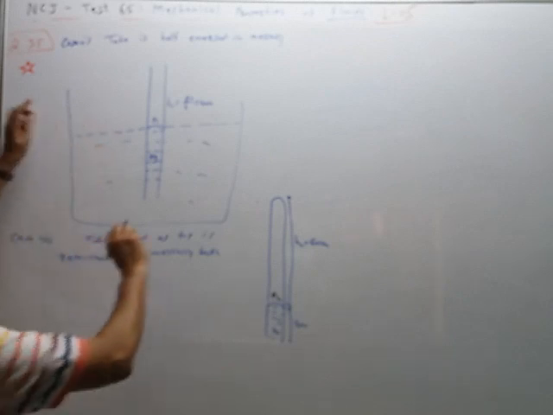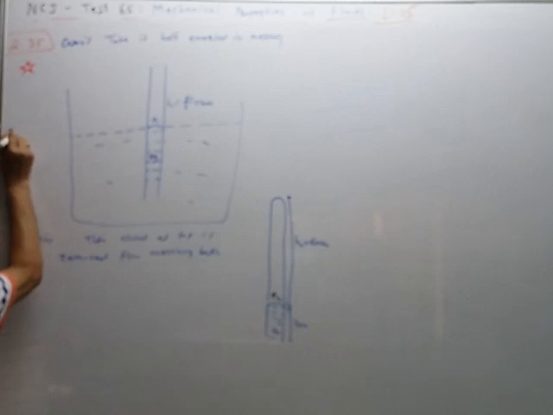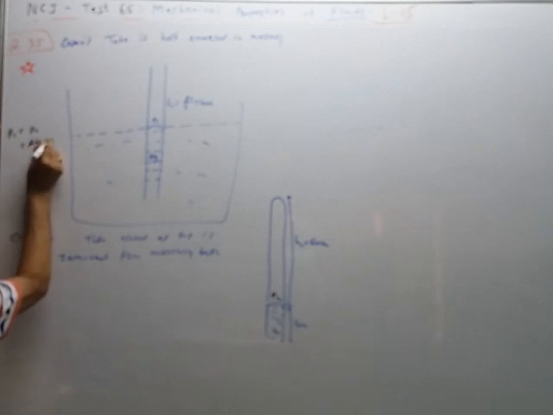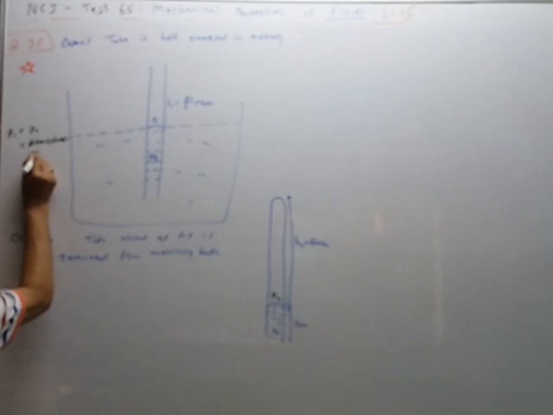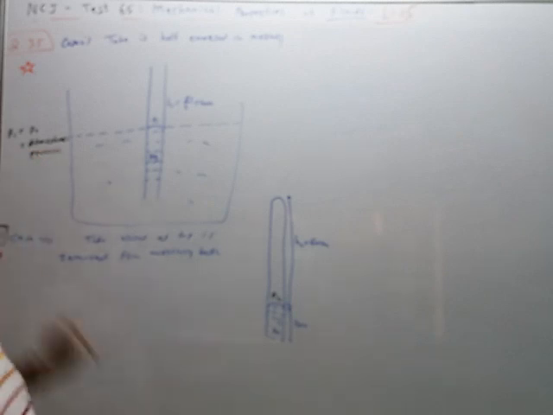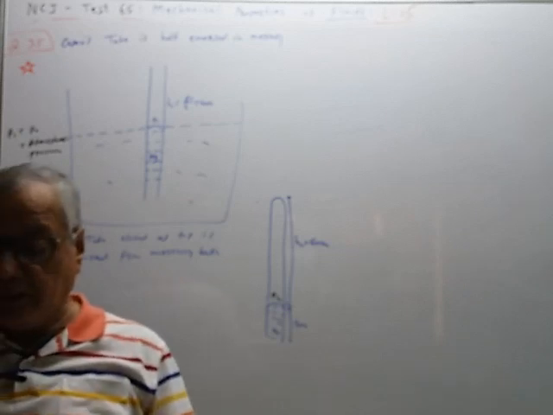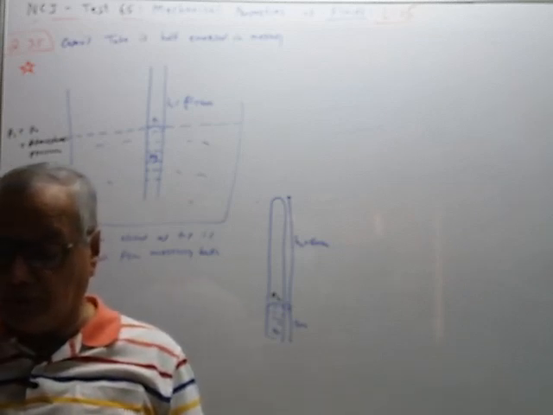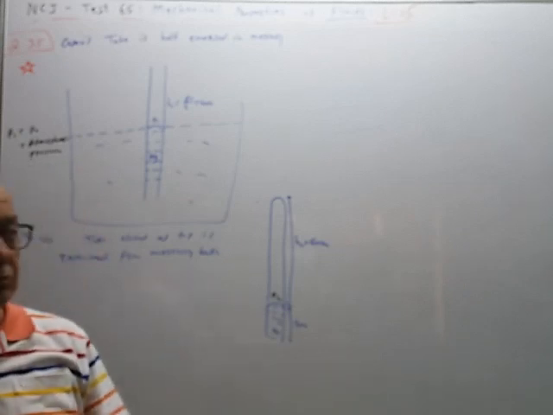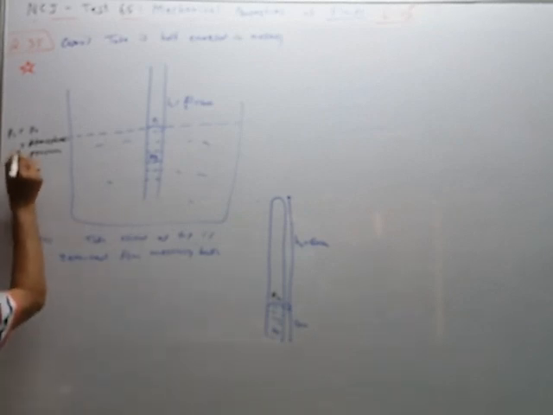So this P1 is equal to P0, equal to atmospheric pressure. And you have to find this P0. What is P0?